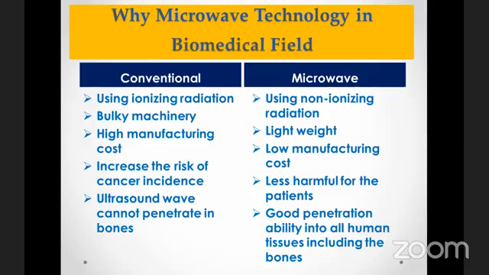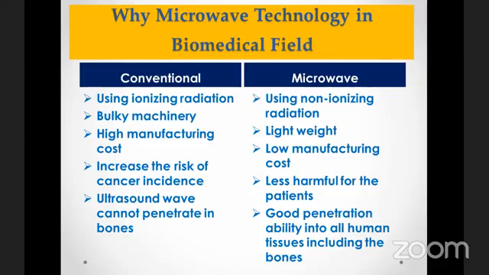Some additional advantages are listed here. In conventional scanning systems, they use ionizing radiation like X-rays, which may be harmful in terms of risk of cancer because this radiation is ionizing. In RF and microwave, they are using non-ionizing radiation.